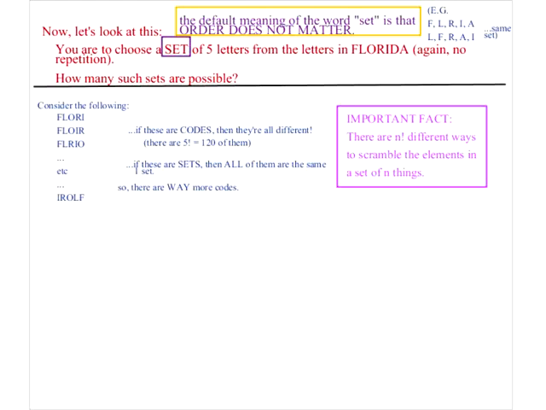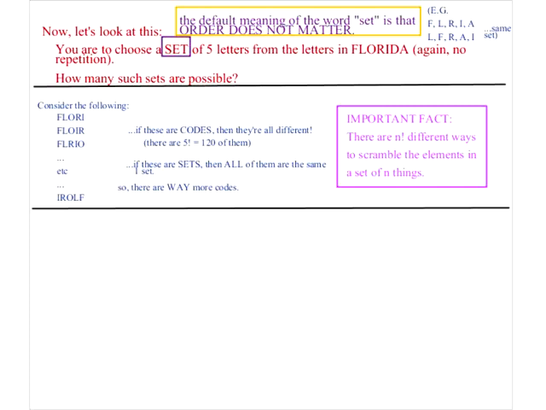That's the answer to your thought experiment. There should be many more codes because all of these different examples count as different codes, but they're all the same set. Smiley face if you understand that. The number where order matters should be much larger than when it doesn't.